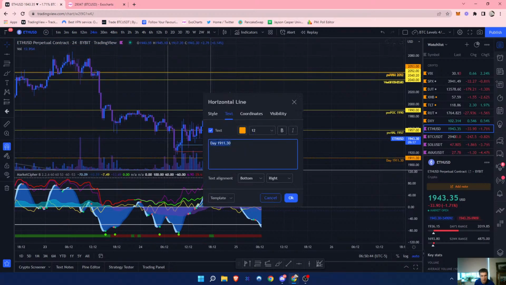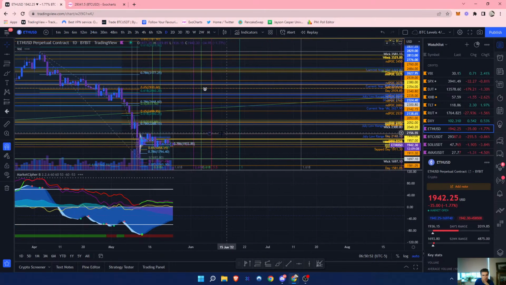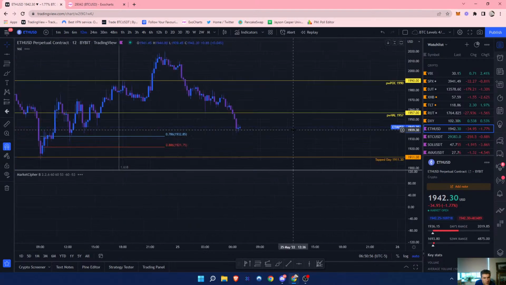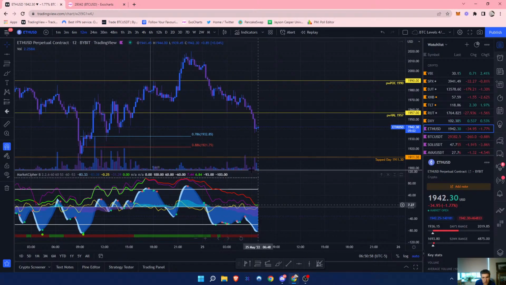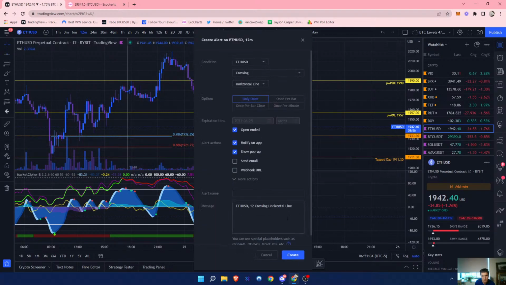This is a tap daily since we did bounce off of that. So yeah, not bad so far. Anyways, this will be the long number one to take.